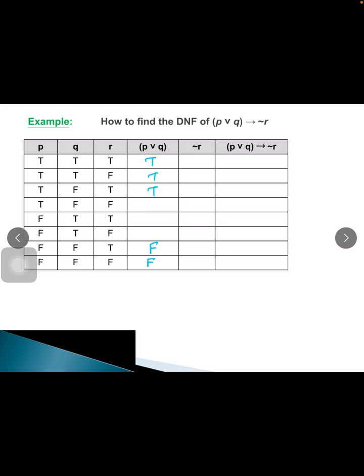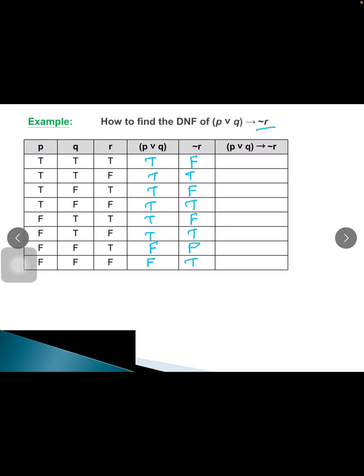Now after that we need to calculate negation of R. If R is true, negation of R is false, and if R is false, negation of R is true, and so on down the column.